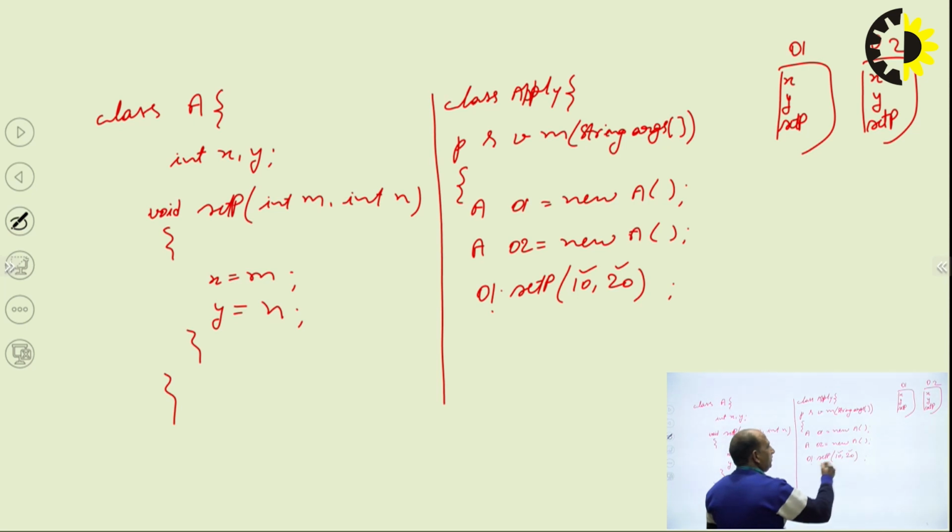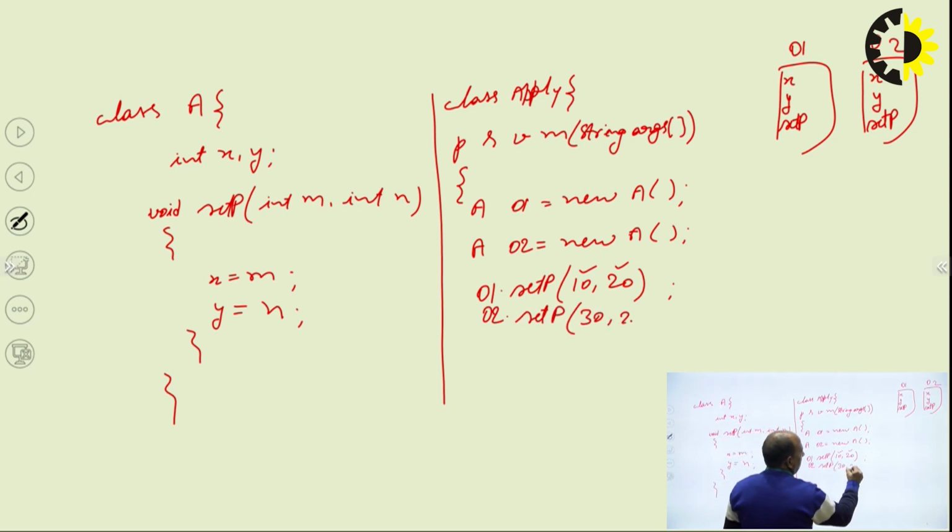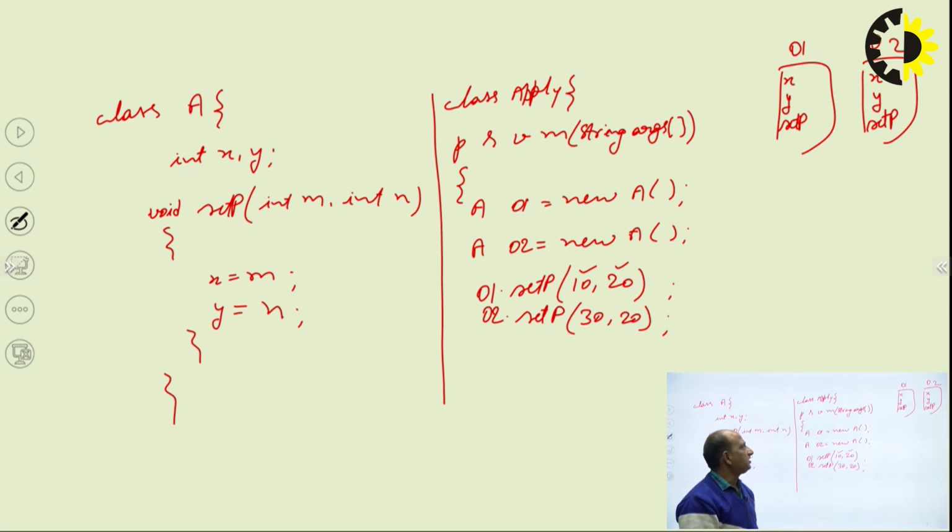Whenever we want to initialize the variables x, y of O2, we will call O2.setp and pass, let's say, 30, 20. Then the x, y associated with O2 will be initialized to 30, 20.